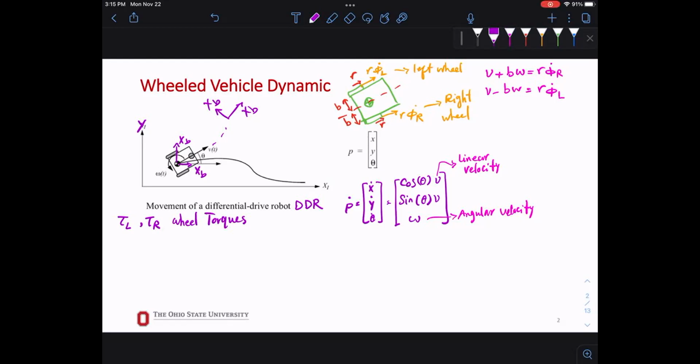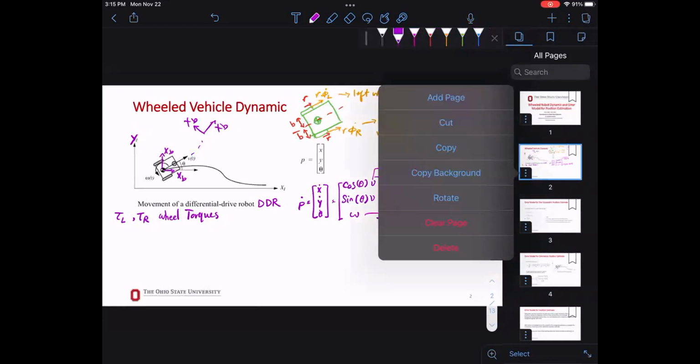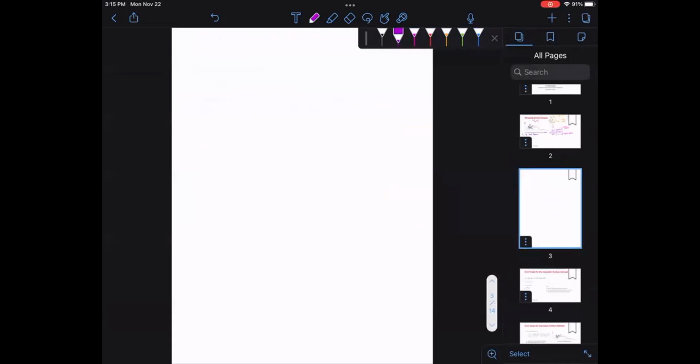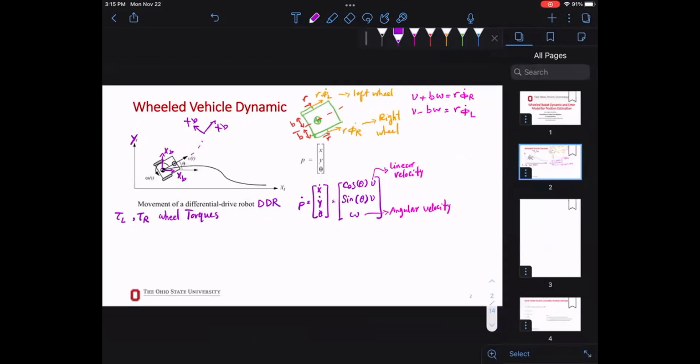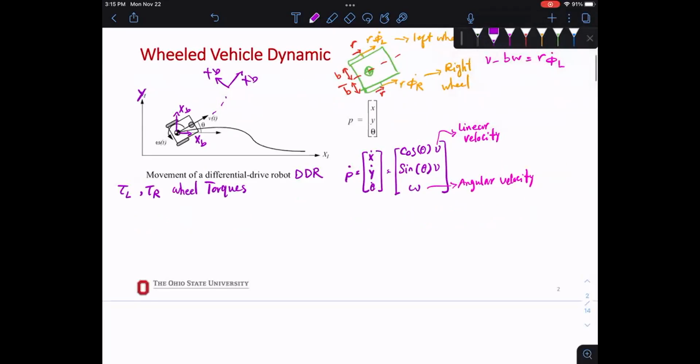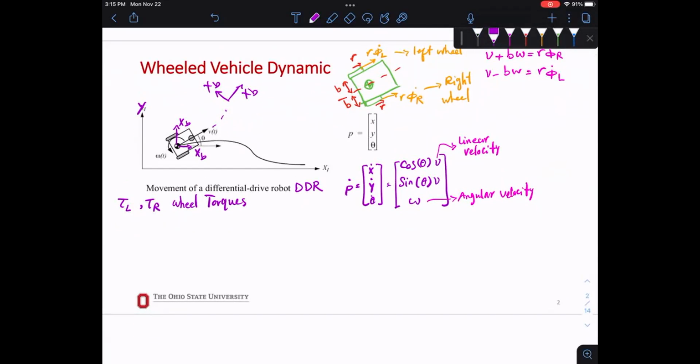Just want to know if you can play with it a little bit. I definitely need another page here.